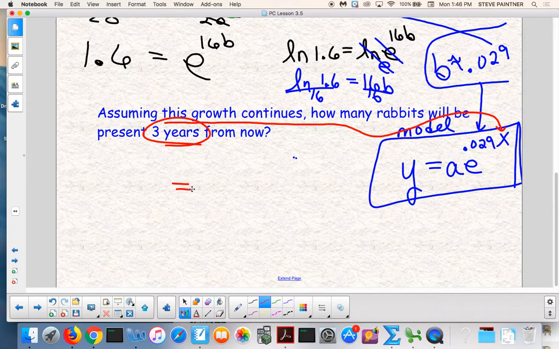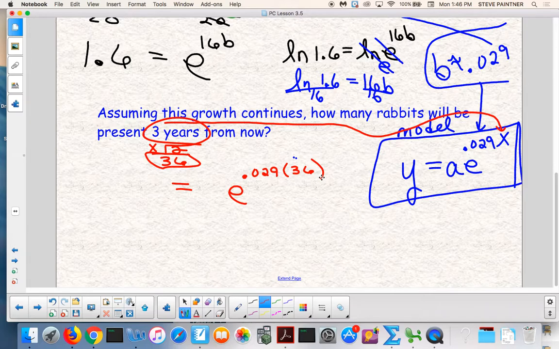But since we used months for the original, when you did this problem it was 16 months. You were putting in months, so you can't put in years. You've got to put in 36, don't you? So it's going to be 0.029 times 36 months go by.